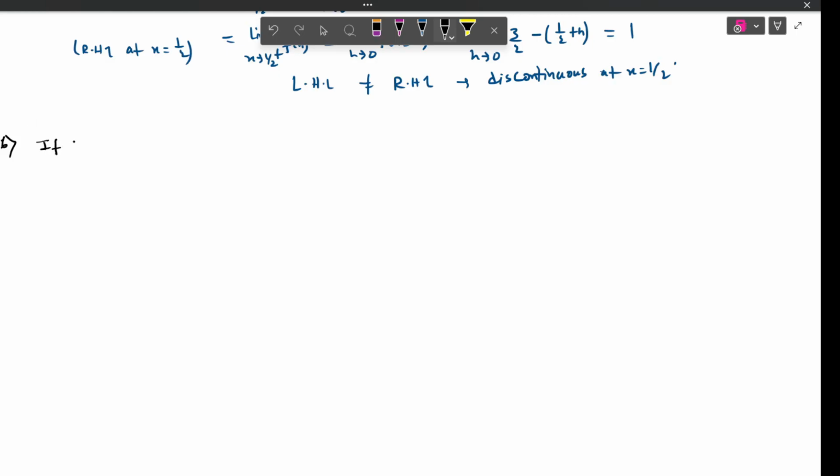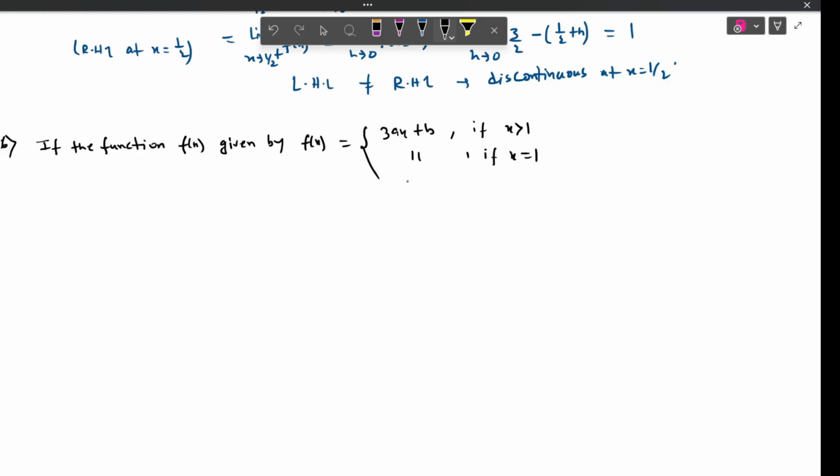If the function f of x given by f of x equals to 3ax plus b, if x is greater than 1, it is 11.